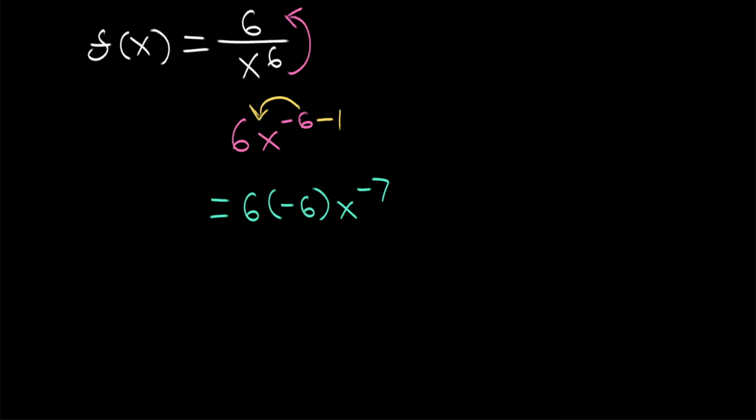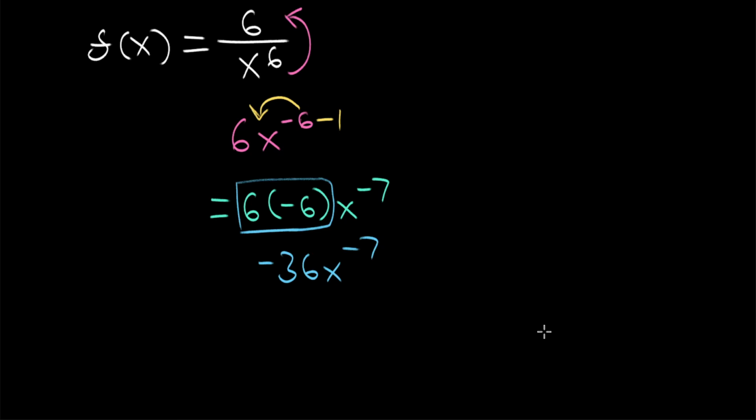Now we want to clean this up right here, which would just be negative 36x to the negative 7th.